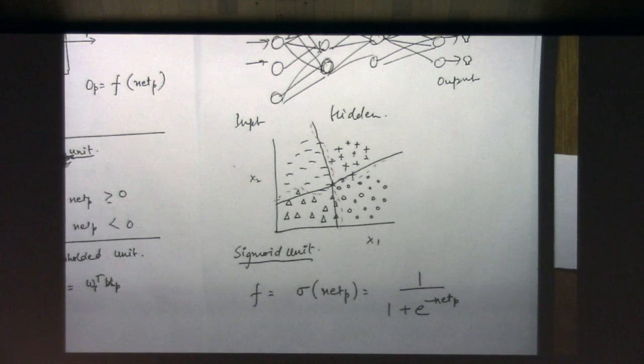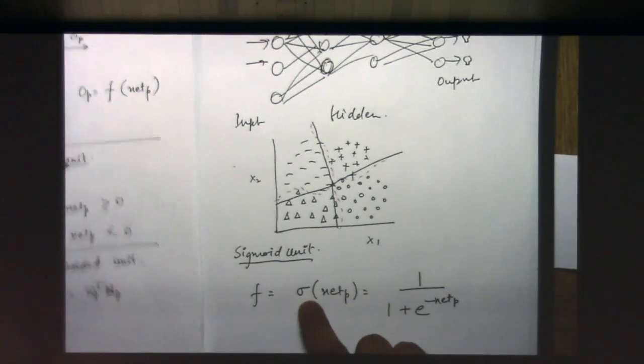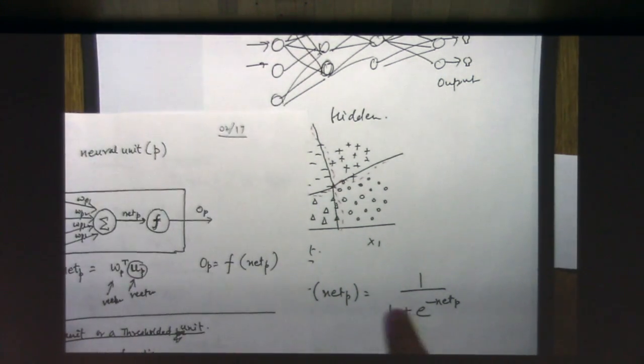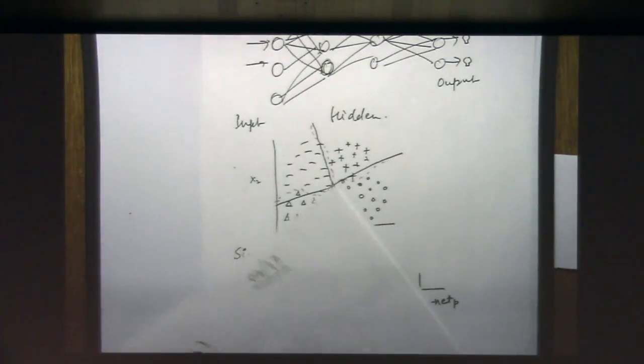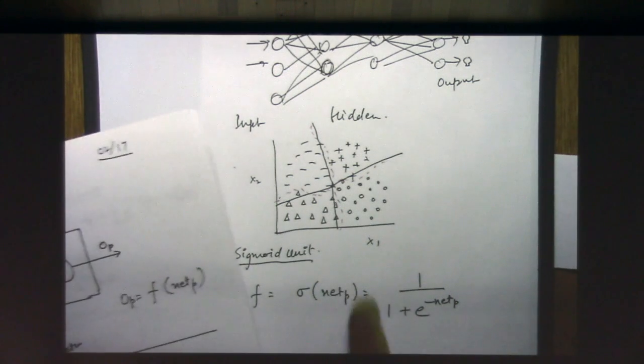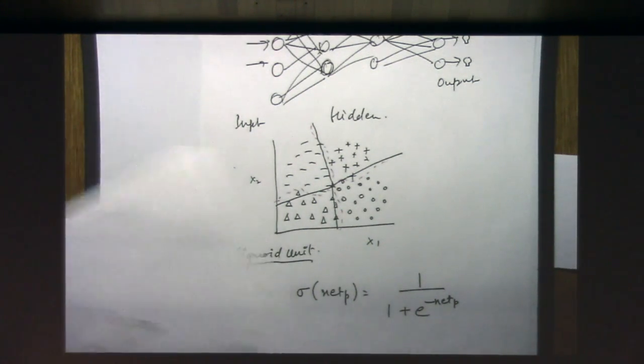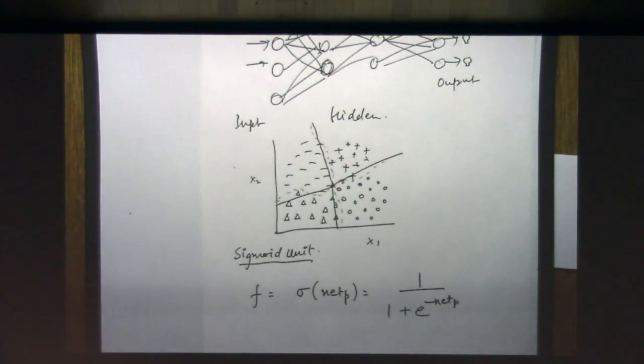All right? So that is a sigmoid unit. Sigmoid unit is one in which the final function essentially takes your inputs and does a nonlinear transformation of that and produces that as an output. So you can see, because of this nonlinear behavior, now you introduce this notion of nonlinear discriminating lines. All right? Any questions so far?